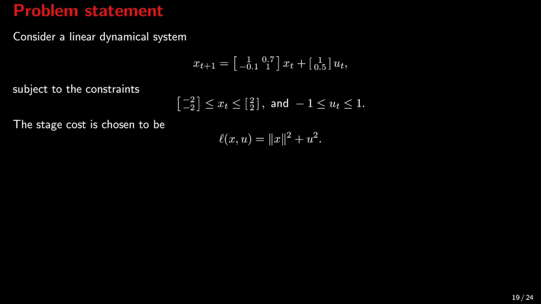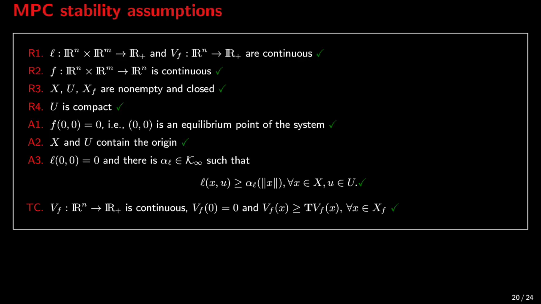That is a very, very small terminal set. In other words, we require that at the end of the horizon, the state of the system must be exactly at the origin. We can verify by using the definition of the dynamic programming operator that T of Vf is less than or equal to Vf, and this is the terminal condition of MPC that we stated previously.